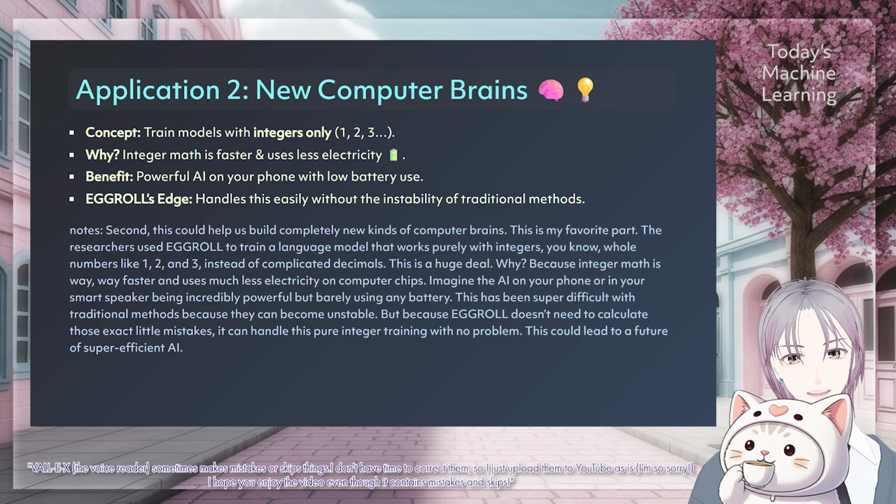Imagine the AI on your phone and your smart speaker being incredibly powerful, but barely using any battery. This has been super difficult with traditional methods because they can become unstable. But because EGGROLL doesn't need to calculate those exact little mistakes, it can handle this pure integer training with no problem. This could lead to a future of super effective AI.